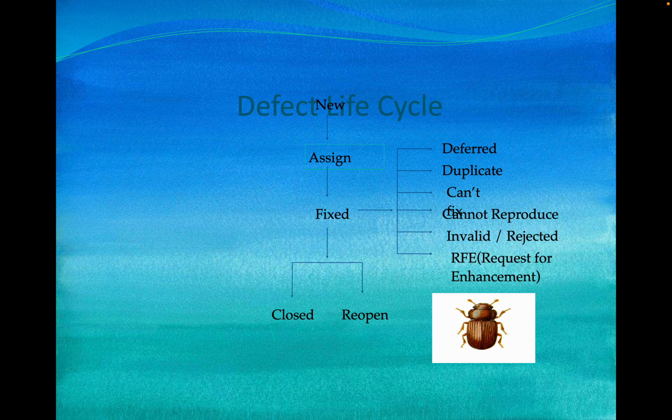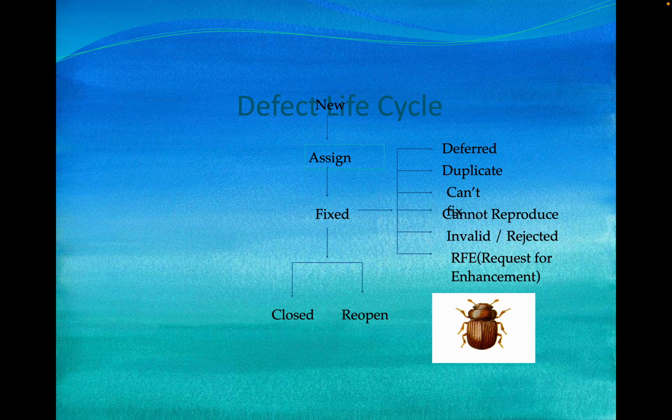Now you have to go for regression testing. A change is made, so we have to check that the implementation of the change is not affecting the actual product. So regression testing follows after the fixed status of the defect.